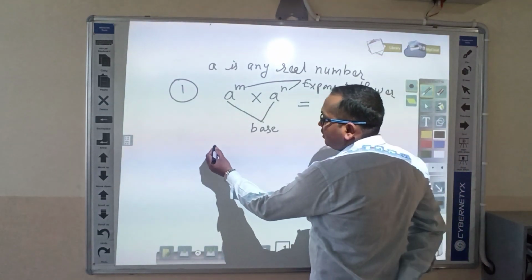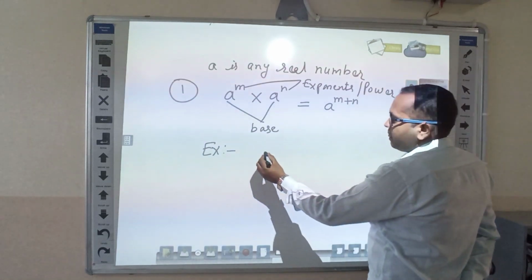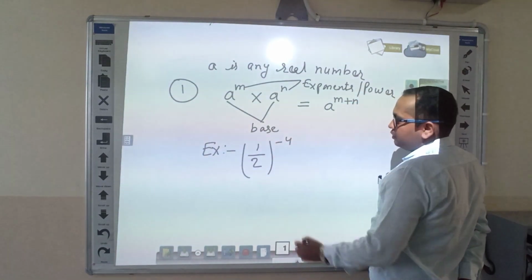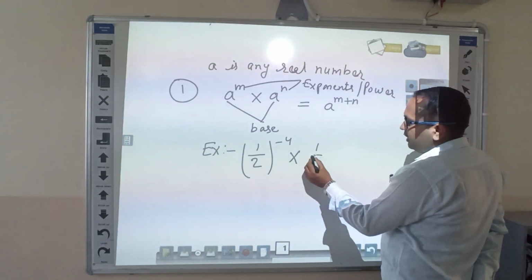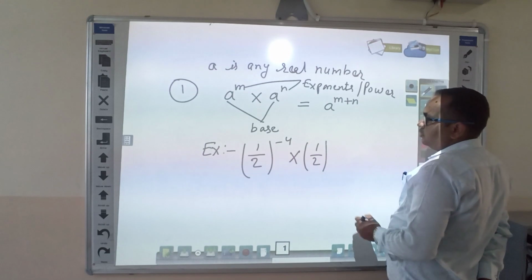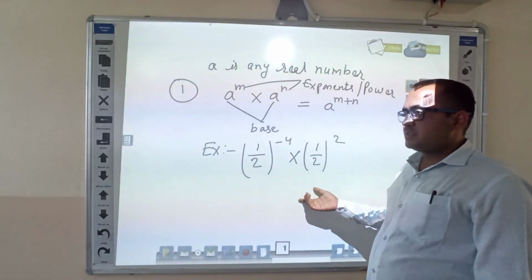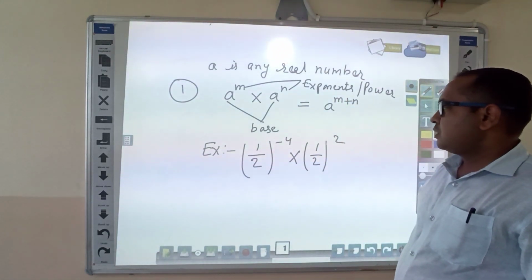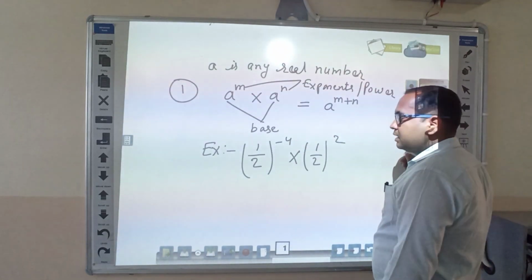The example of this law is 1 by 2 to the power minus 4 into 1 by 2 to the power 2. If the question is like this, it follows the same law. Here also the bases are same and exponents are different.